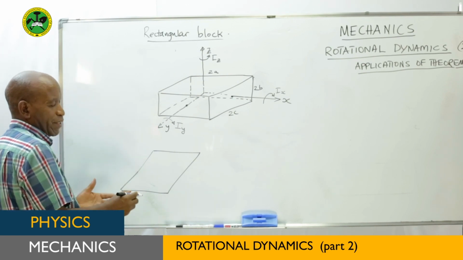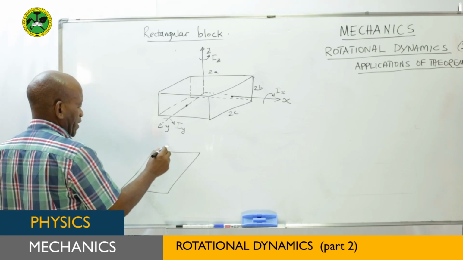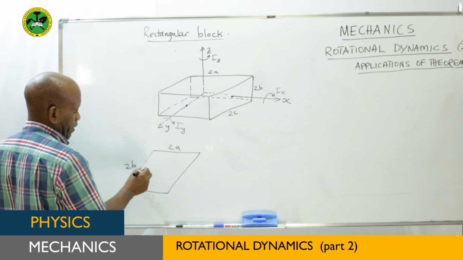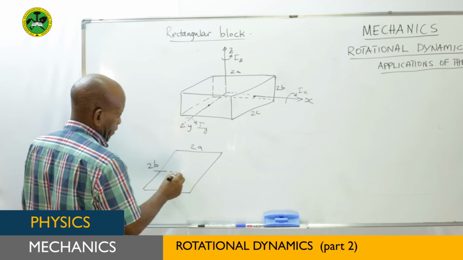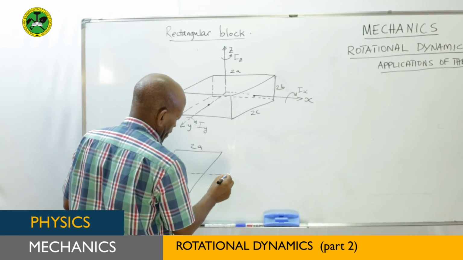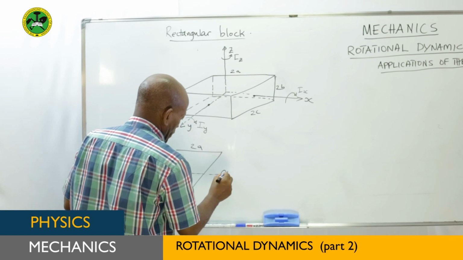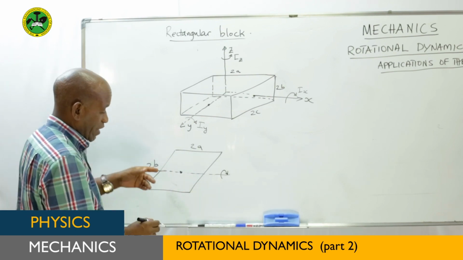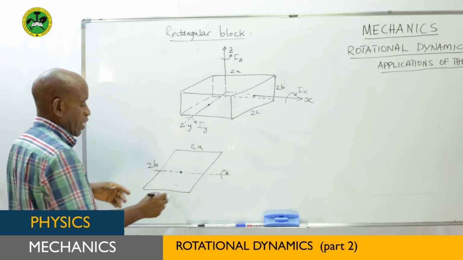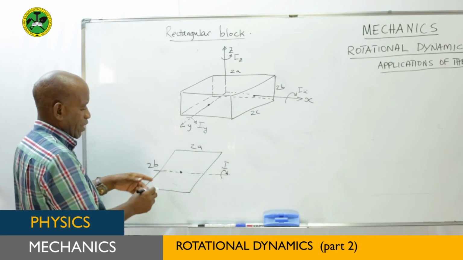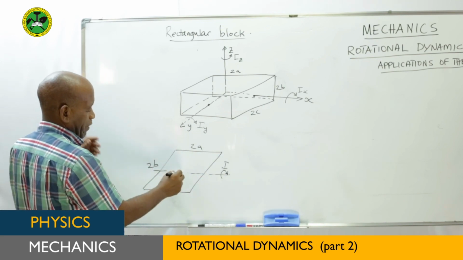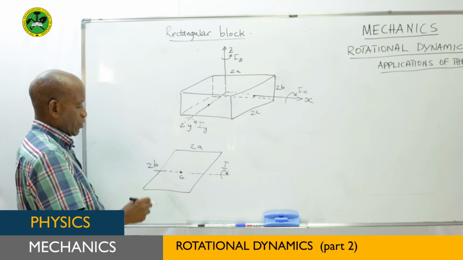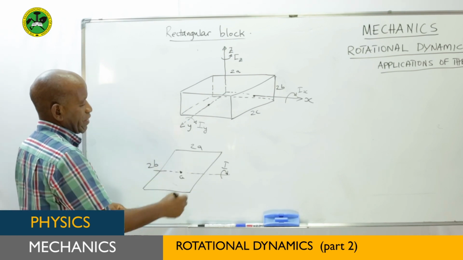If this is just like a cardboard with a side, let's say 2a, and here it is 2b, we need to determine the moment of inertia whenever it's rotated about an axis passing through its center. So you need to know how you can obtain the moment of inertia whenever you are rotating this body about that axis, passing through the center of gravity, which is moving over the plane and is rotated in that way.